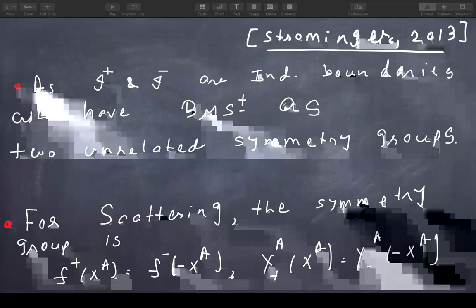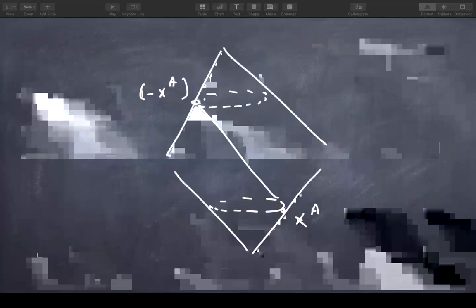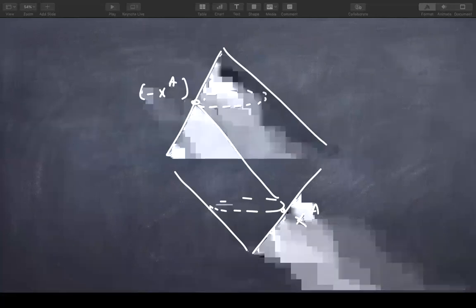F plus, the BMS supertranslation function at I plus, has to be identified with the supertranslation function at I minus by an antipodal identification, with x^A the point on the sphere, and the same for the SL(2,C) vector fields, denoted Y^A here. Intuitively, antipodal identification was thought of because a light ray from a point on the sphere at I minus will hit the antipodal point at I plus.